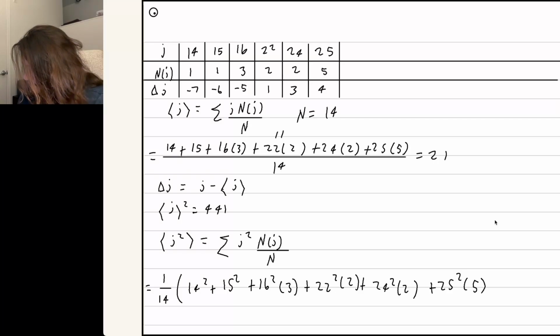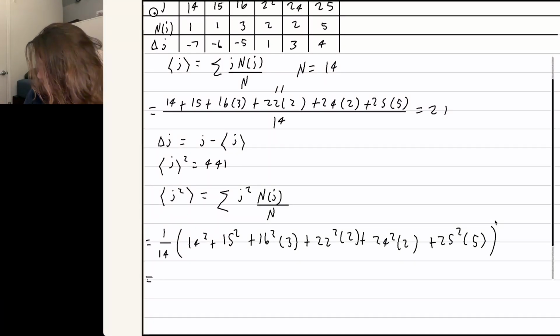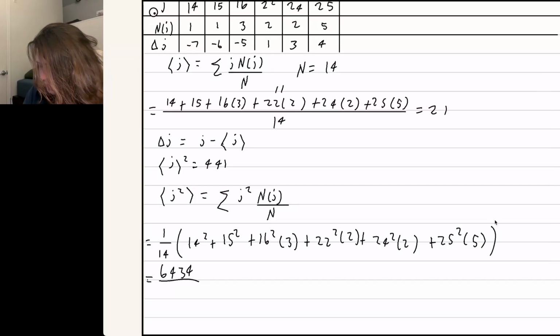Right. That comes out to be 6,434 14ths. Not a nice fraction. I'll just reduce it to 3,217 sevenths.